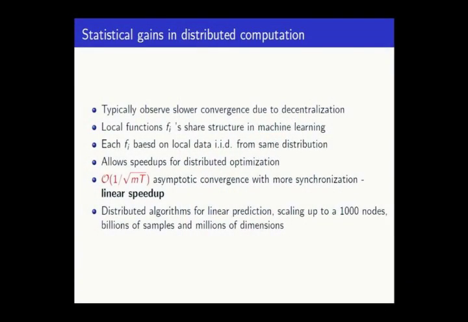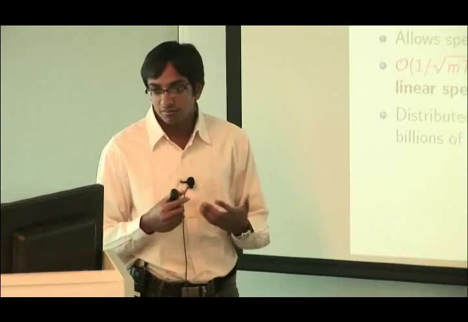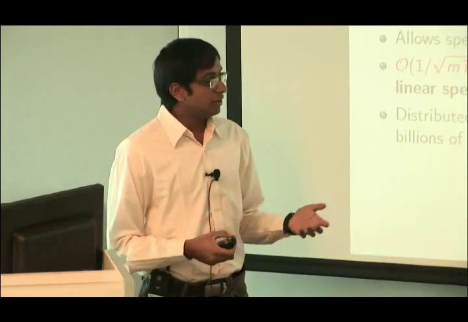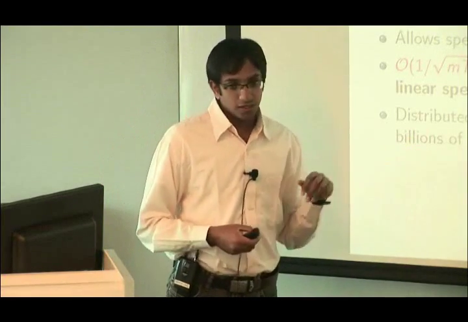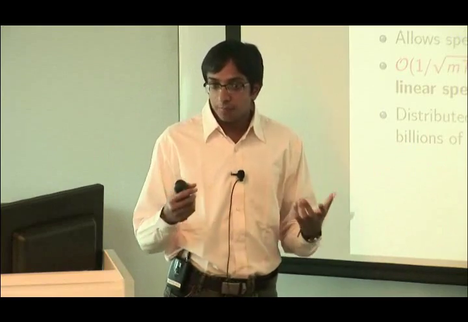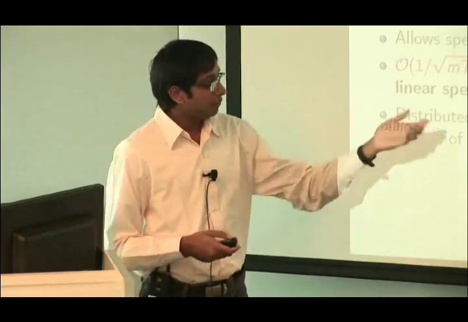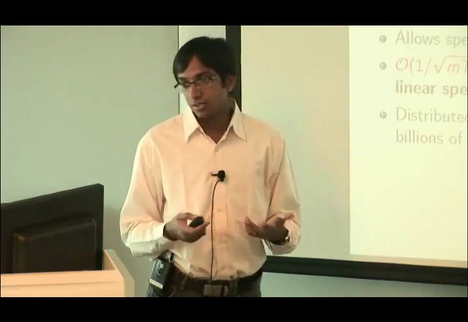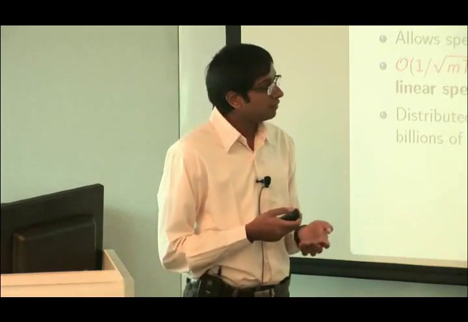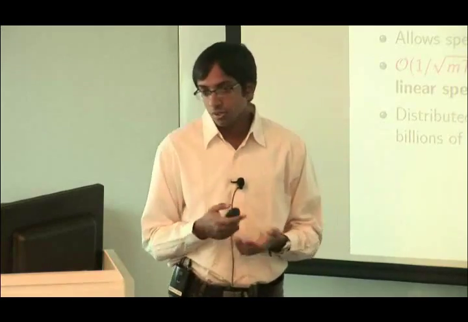Okay, and by extending these ideas and combining lots of other tricks and techniques, we were actually able to solve the click prediction problem over a big data set that I mentioned early on, over a network of 1,000 nodes, training in a matter of something close to an hour.